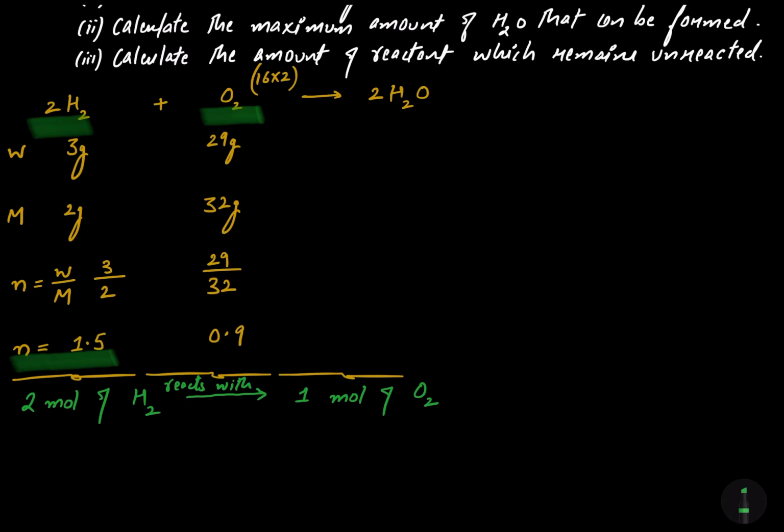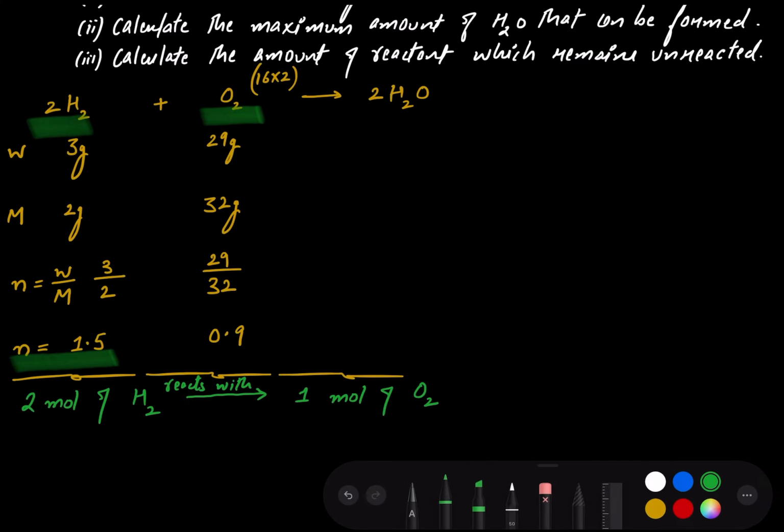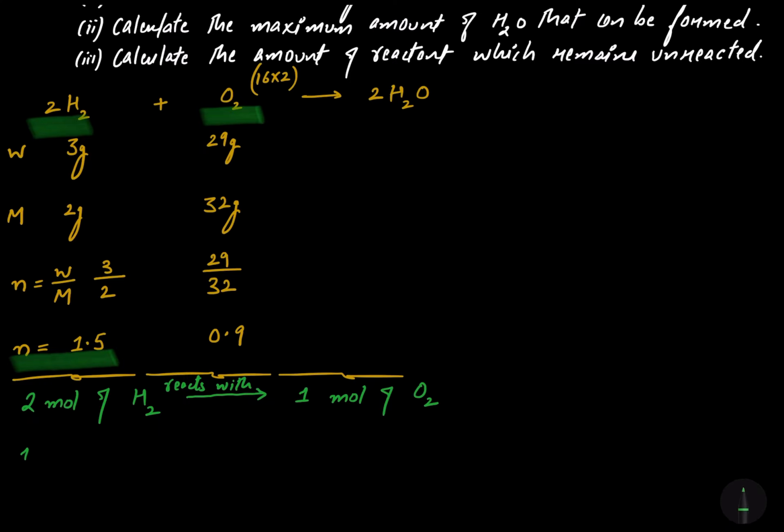So now let's calculate how many moles of oxygen 1.5 moles of hydrogen will require.